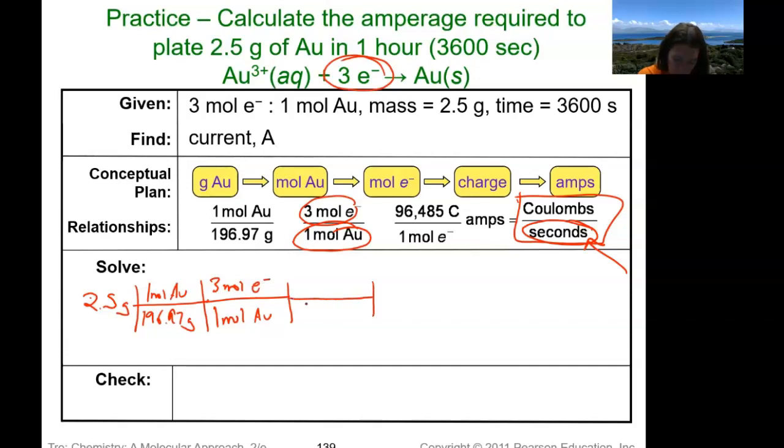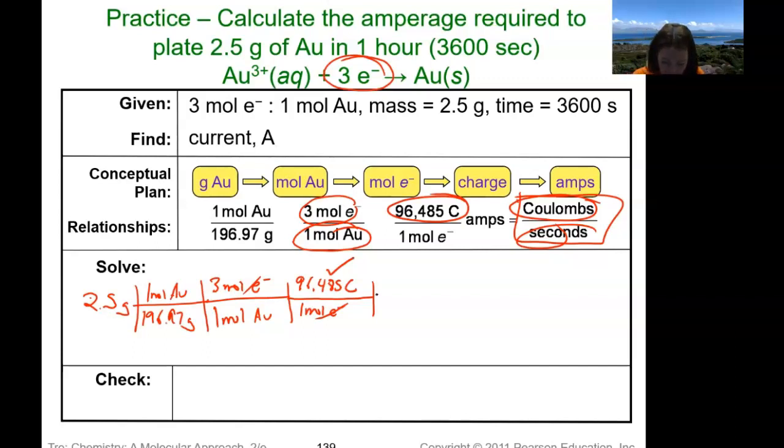And then in 1 mole of electrons, 96,485 coulombs. And remember, amps are coulombs per second. So coulombs is on the top. We're all good here.